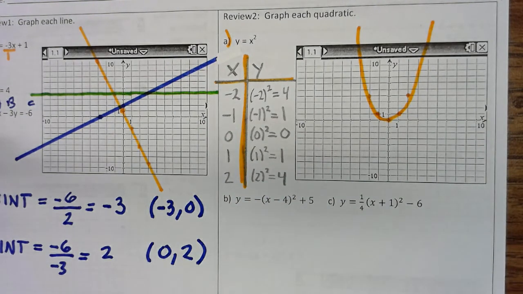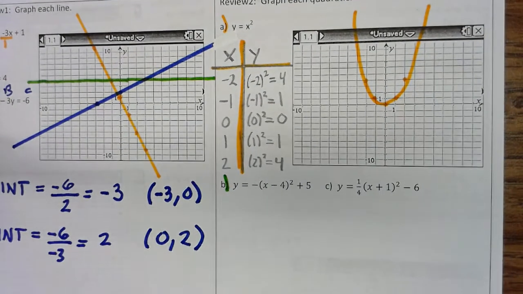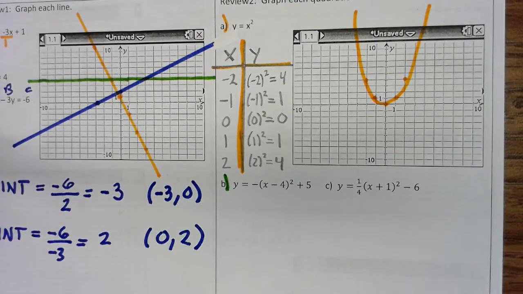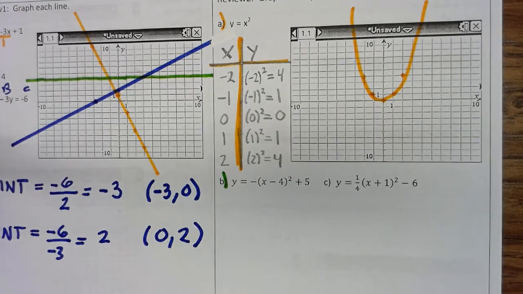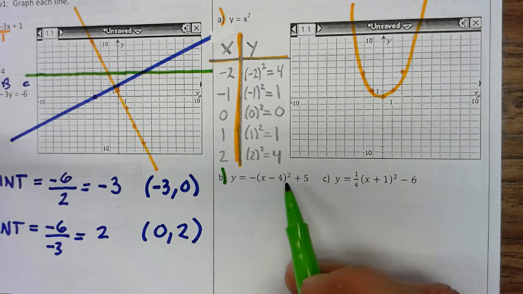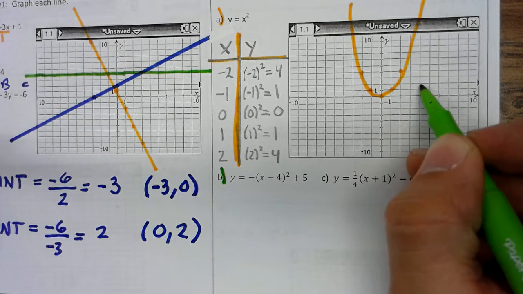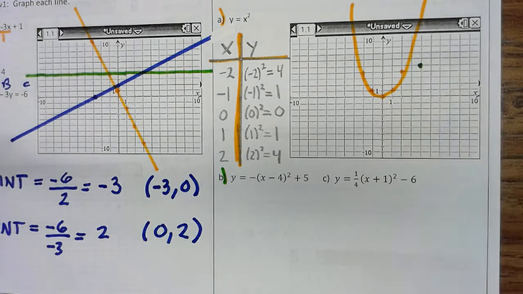All right, so now we're going to graph when it is in vertex form. Okay, so first thing we move our vertex. That means in B, we go to the right 4, up 5. Okay, now we move the vertex.